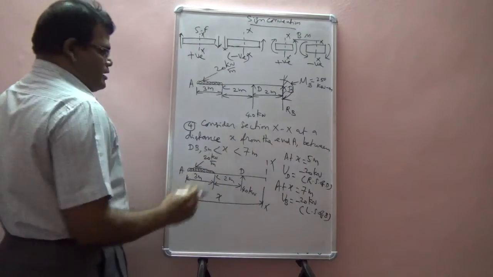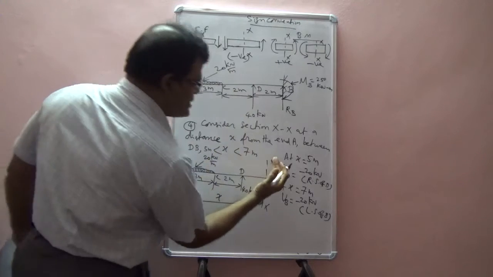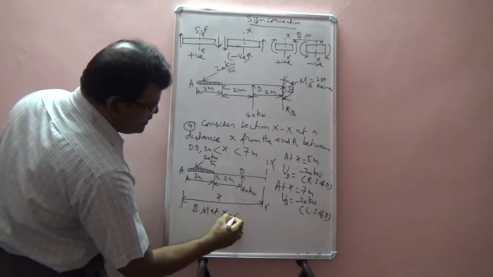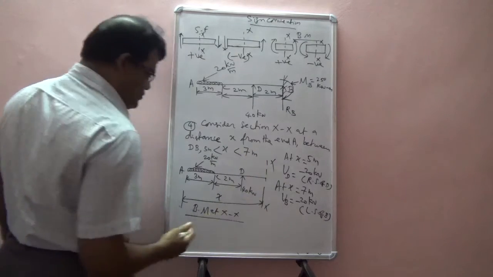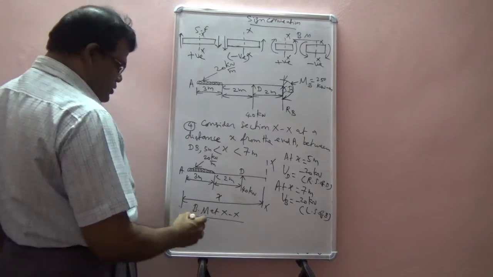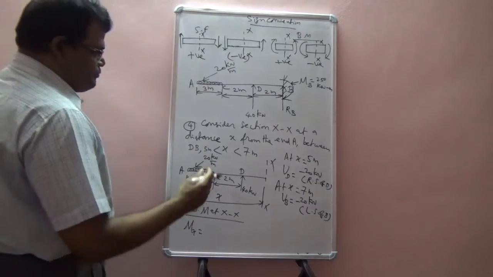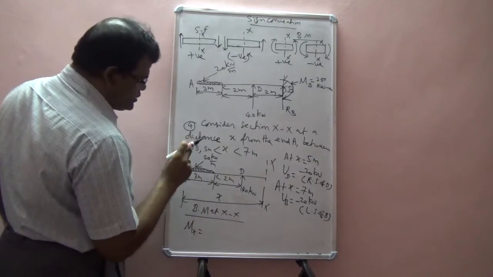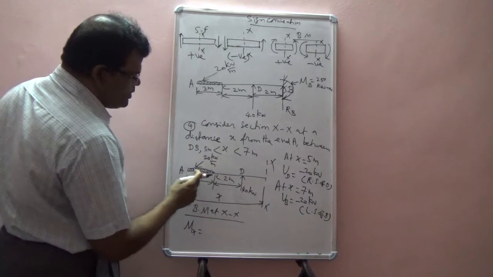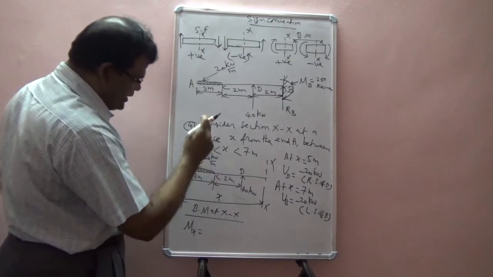Then calculate the bending moment at section XX. So bending moment at XX is denoted as Mx. Then there are two terms because there are two vertical forces. One is 40 kilonewton, the other one is the uniformly distributed load of 20 kilonewton per meter.